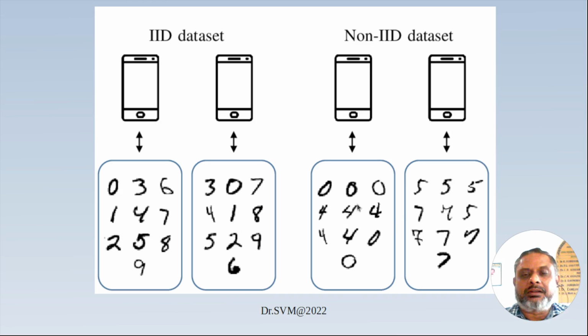So we can't claim that the two experiments might be from the same dataset. There is nothing in common. In the first case, 5 zeros and 5 fours are there, whereas in the second case, 5 fives and 5 sevens are there.